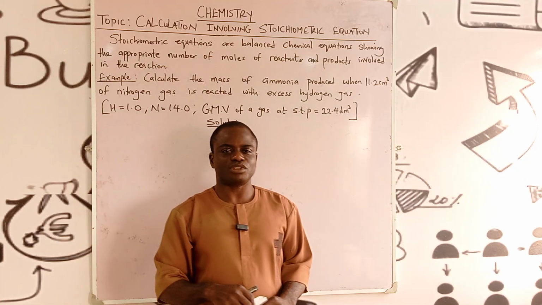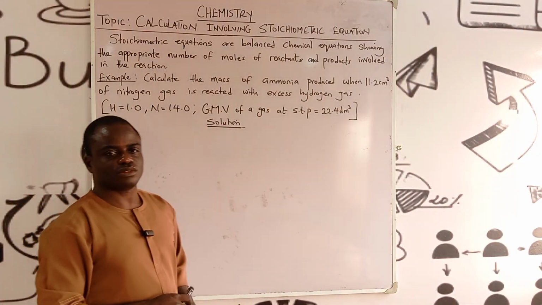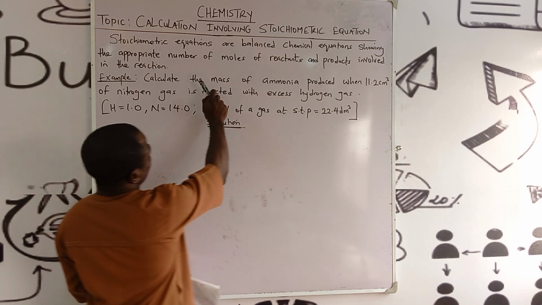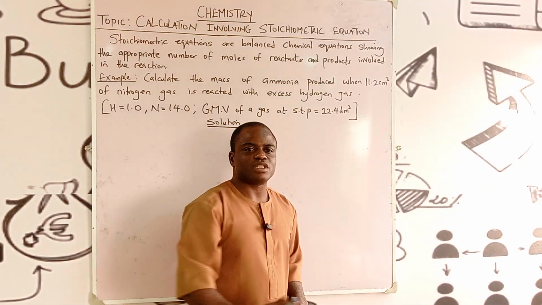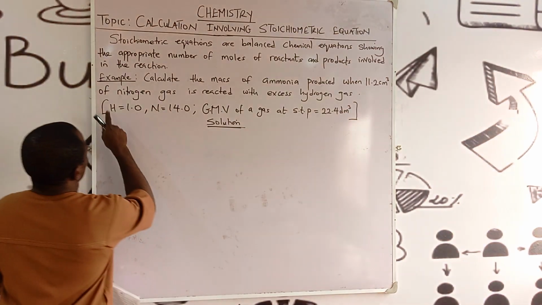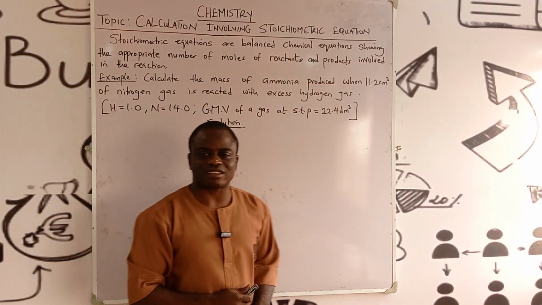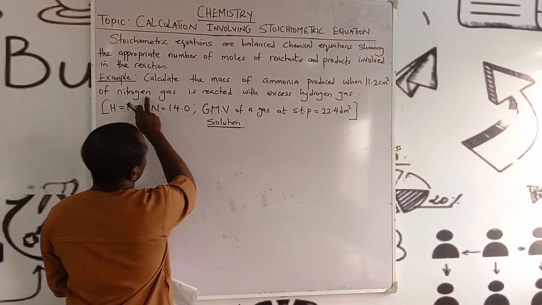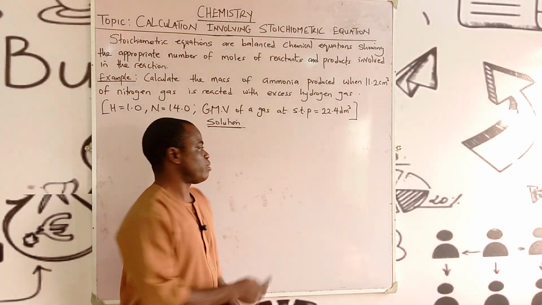Now let's see what's on the board. First thing to do is to balance the equation. When we are balancing the equation, we have to look at what is given to us: calculate the mass of ammonia produced. When you are told produce, it means that at the product side we have the ammonia. When 11.2 cm³ of nitrogen gas reacted with excess hydrogen gas, that means the reactants are nitrogen gas and hydrogen gas.